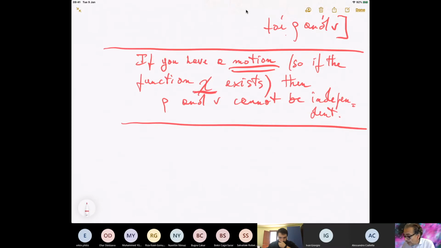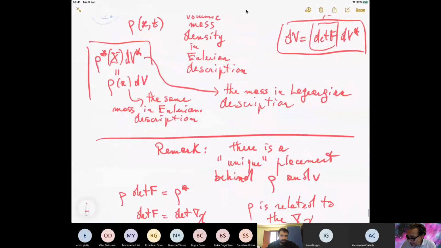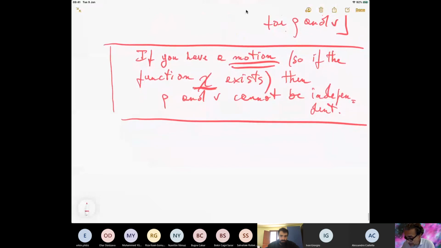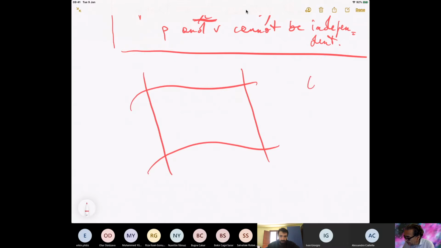Now, the existence of placement together with the conservation of mass is what we will exploit. So now let us consider a channel where our fluid is flowing.